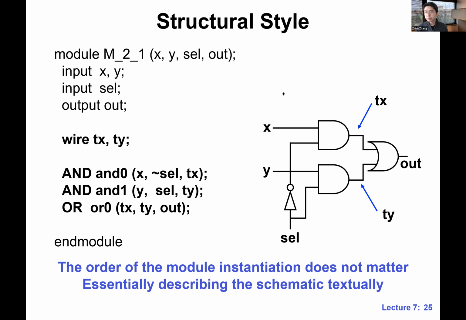Let's explain the syntax. What exactly are N0, N1, and OR0? What are these? This is N0, this is N1, and this is OR0.